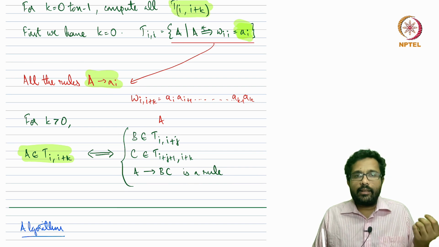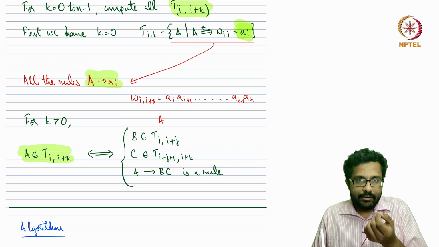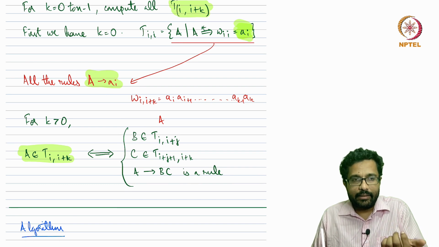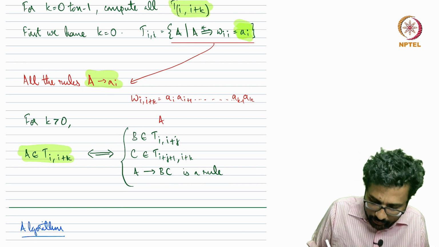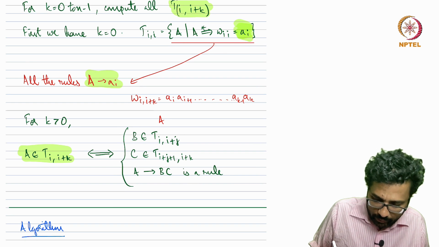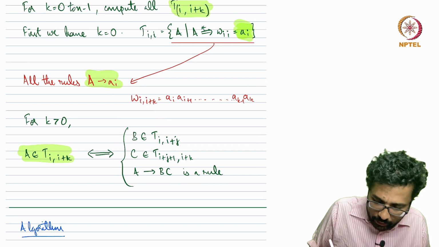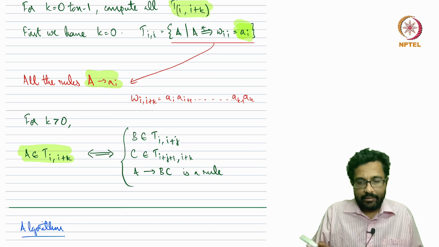One is a variable A gives a symbol, but then that would mean the symbol will be of single length. Then we are already at a terminal. The other rule is A gives BC. Suppose we are using the rule A gives BC, which means now B should generate some part of the string.